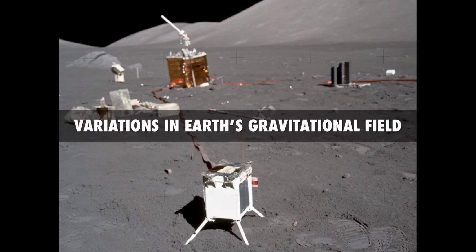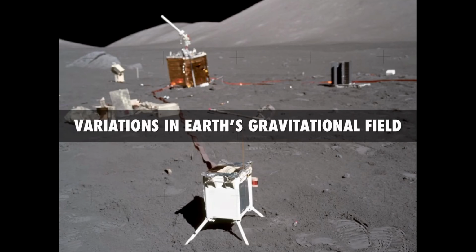Variation in Earth's gravitational field. The Earth is not a perfect sphere. It is slightly flattened at the poles. Since the distance from the surface to the center of the Earth is smaller there, the field strength at sea level is greater at the poles and smallest at the equator.